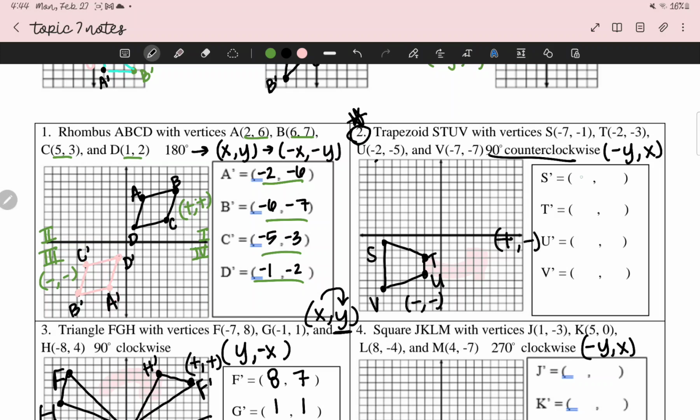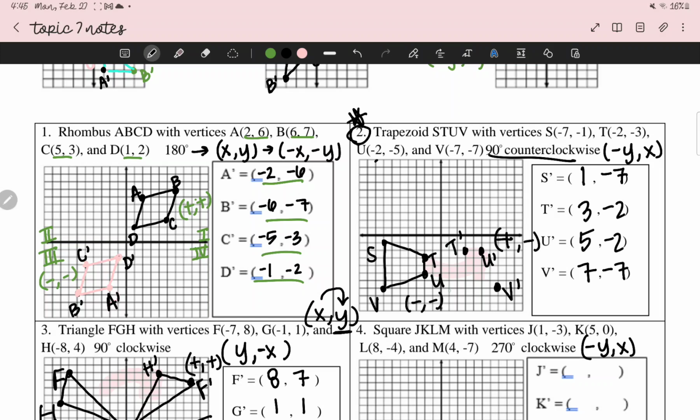So it should be positive 1, comma, negative 7. 3, negative 2, 5, negative 2, and 7, negative 7. There we go. So 7, negative 7 is V prime. 5, negative 2 is U prime. 3, negative 2 is T prime.